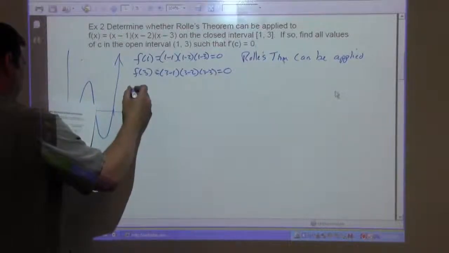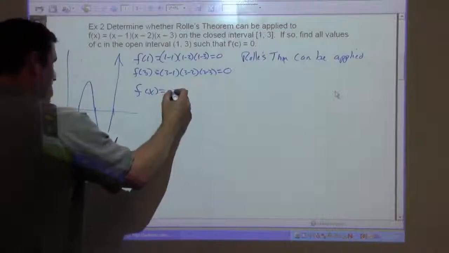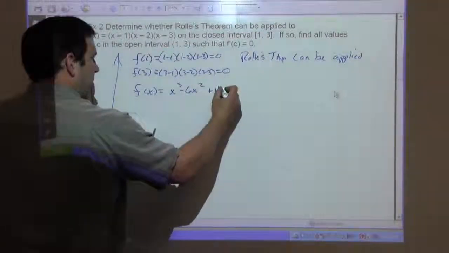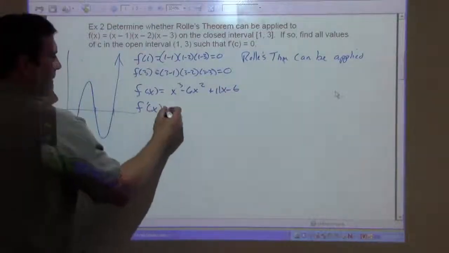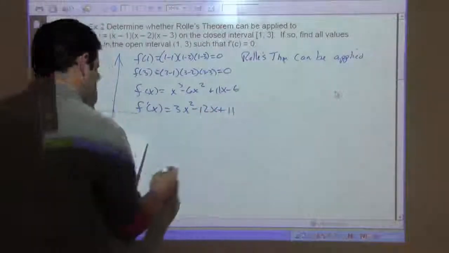Okay, so f of x, by the way, if you multiply this all the way out, it's going to be x cubed minus 6x squared plus 11x minus 6. F prime of x is 3x squared minus 12x plus 11.